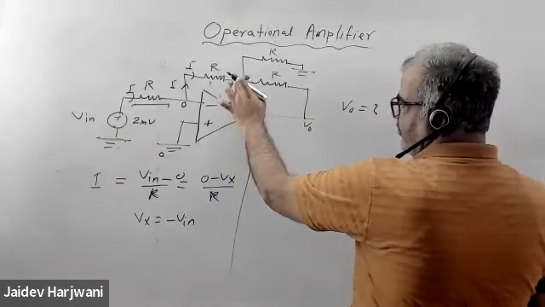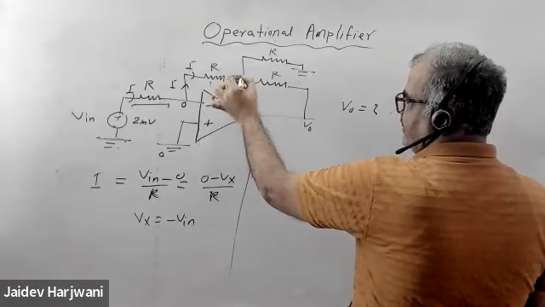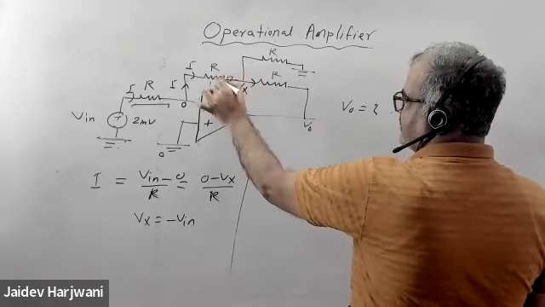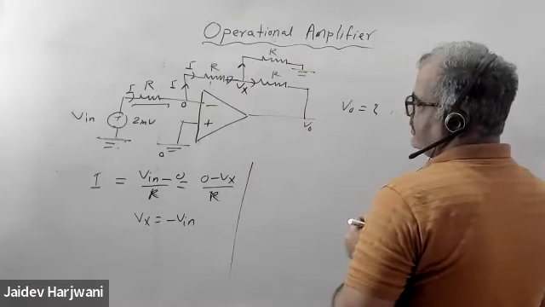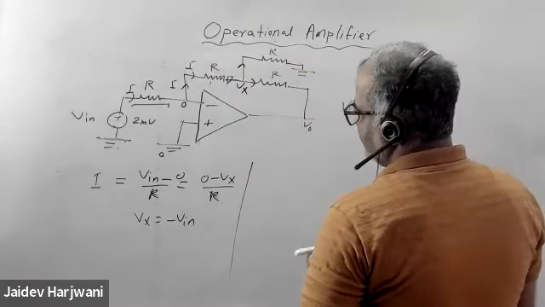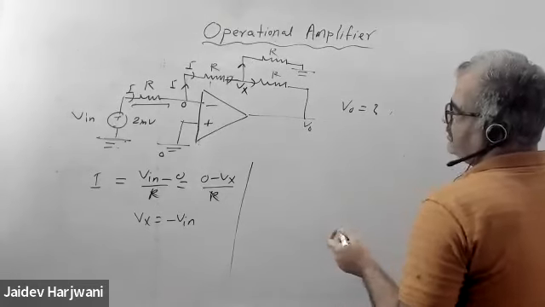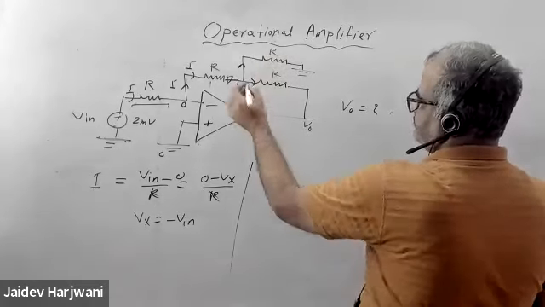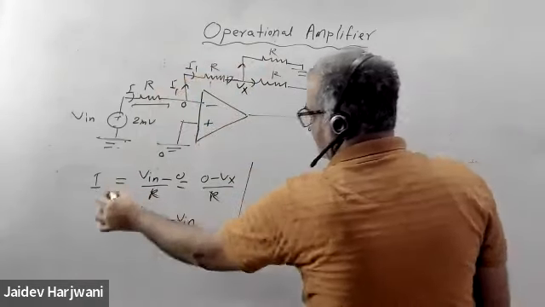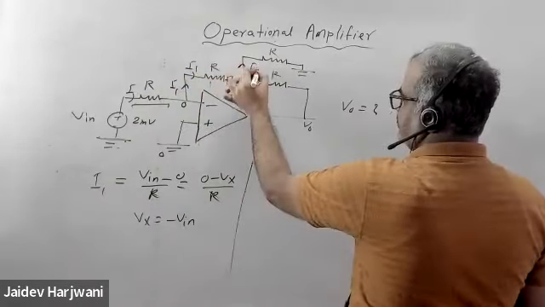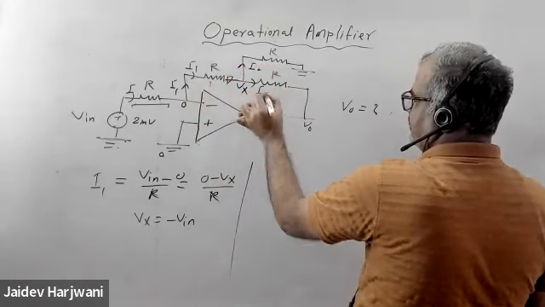At this node, you want to find out what is here. Say current is coming here, and this current is going here. Outgoing current positive, incoming current negative, whatever you want to say. Say this current is I1, this current is I2, and this current is I3.